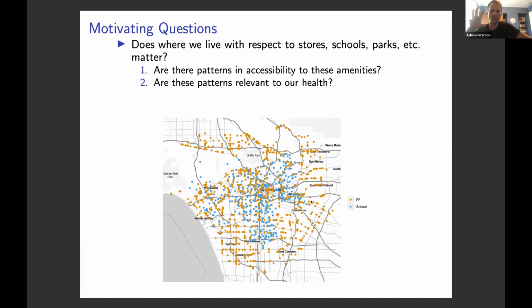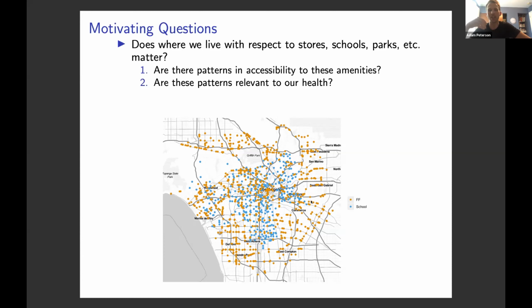We're going to think about the distances between these different points. For example, between a school and a fast food restaurant, we think of those distances as important for describing the kind of environment you live in, right? Because if it's not too far to get to these kinds of amenities, that's a different kind of exposure than if it were really far away.